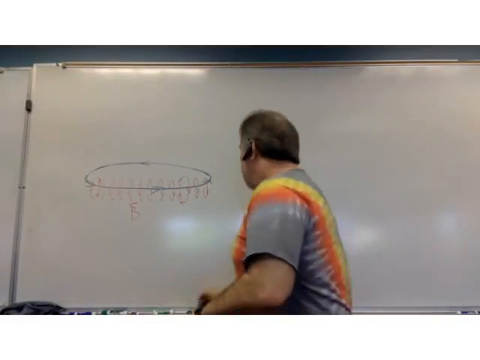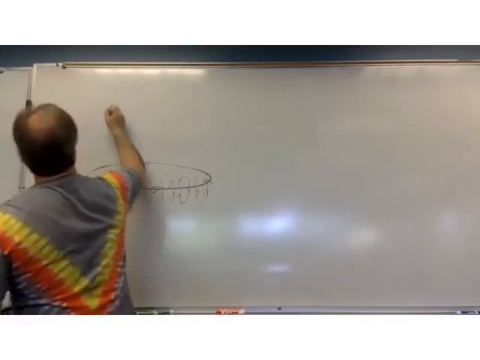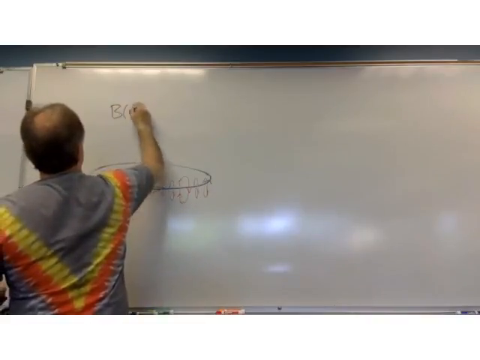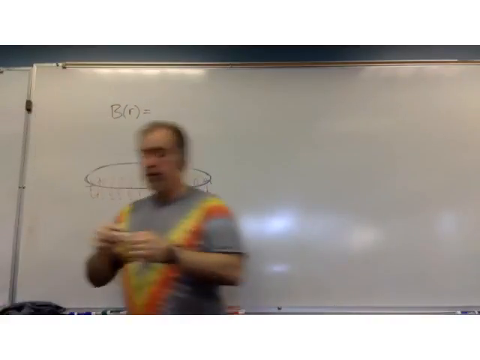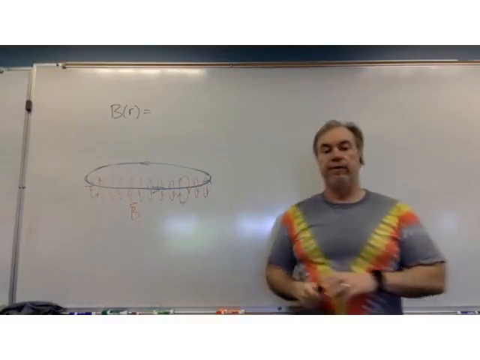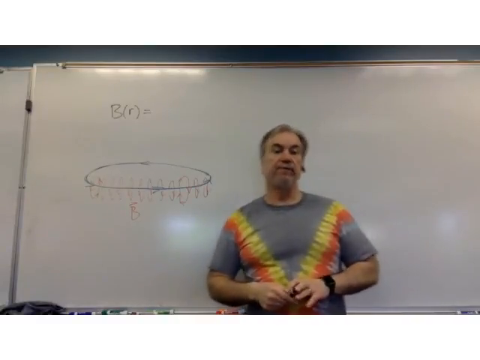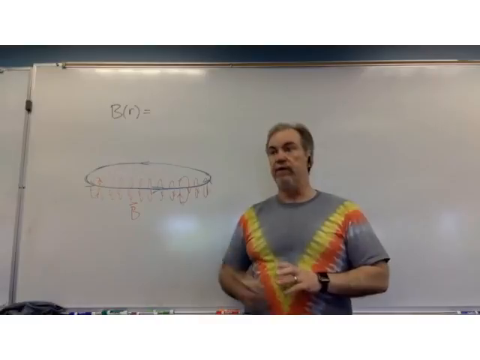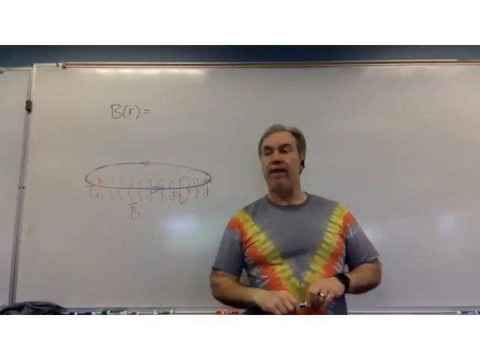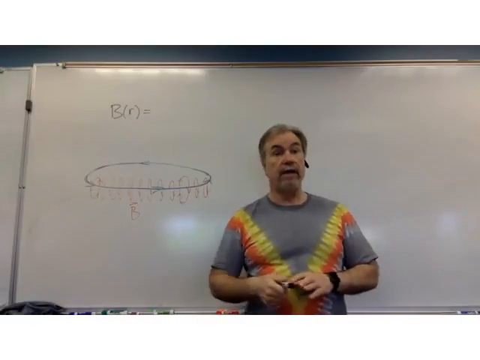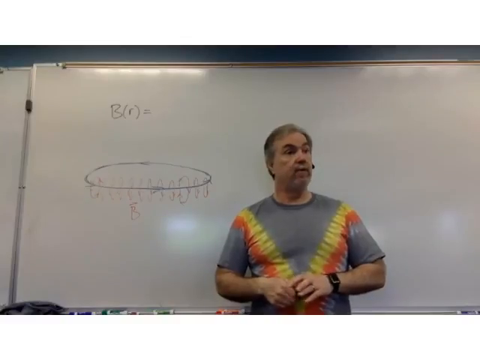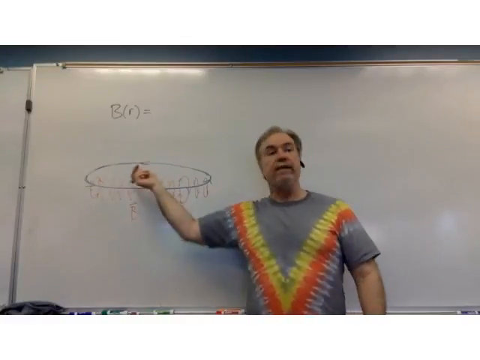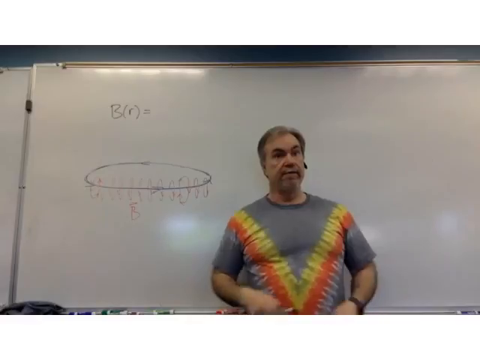Okay. As for the magnitude, it should not surprise you to learn that the mathematical expression for the magnitude of the field of the circular current loop is going to look an awful lot like the expression for the infinitely long straight wire, because after all, I created this current loop out of a long straight wire.